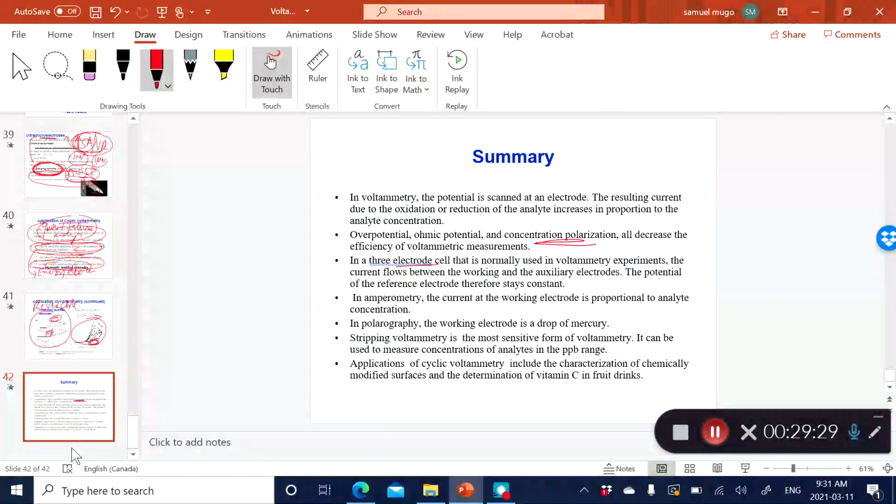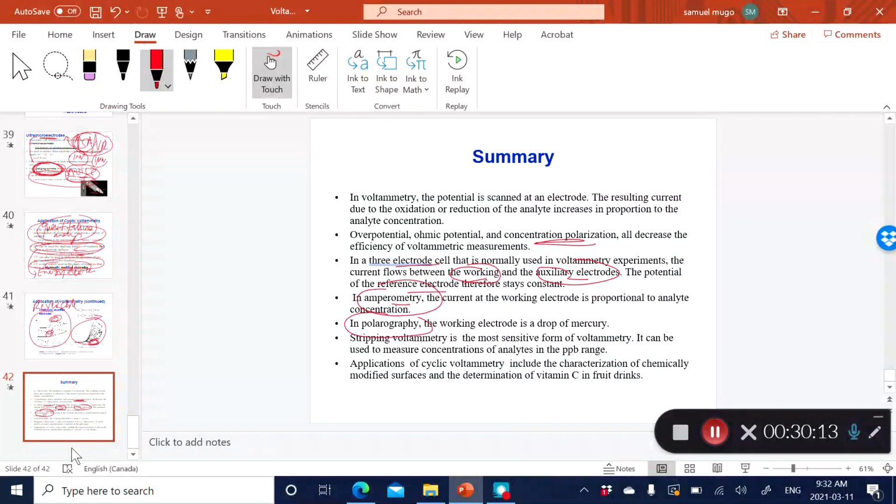And typically you use a 3-electrode system comprising your sensor, which is a working electrode, your counter electrode, often it is platinum, and current is moving between the working electrode and the auxiliary electrode, and then you've got the reference electrode that is at fixed potential, and so the potential is fixed between the working and the reference electrode. We talked about amperometry, where you're measuring the current at fixed potential. And we talked about things like glucose sensors and so on that are based on amperometric detection.